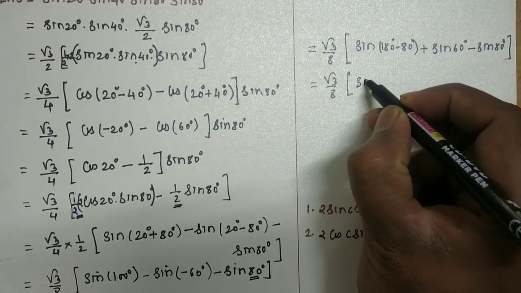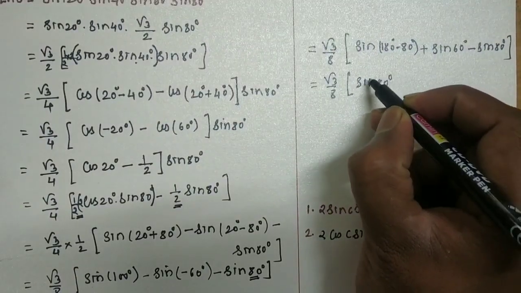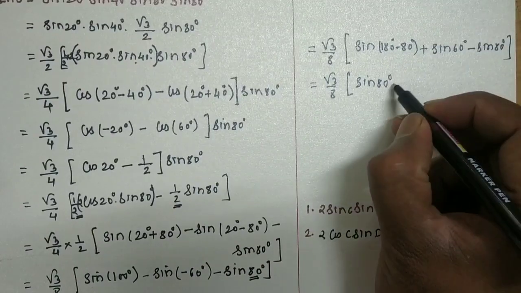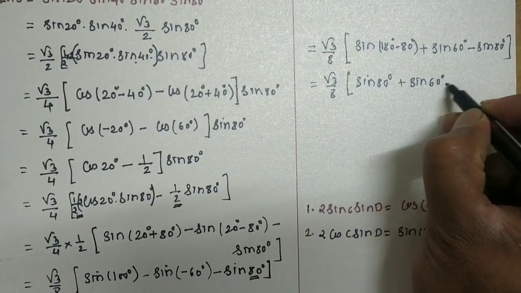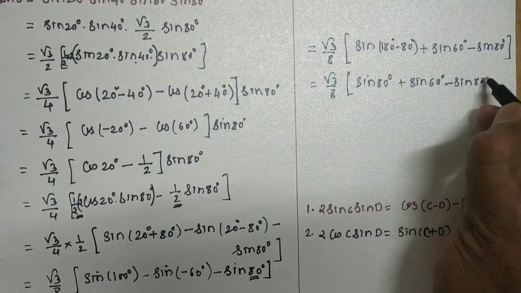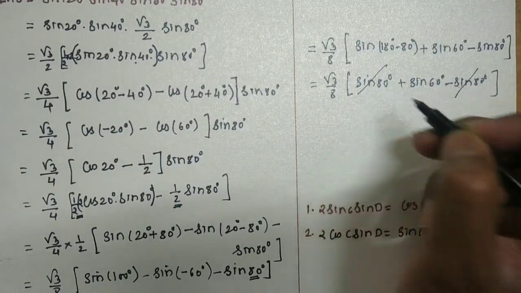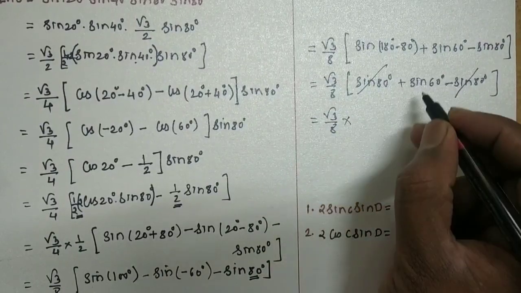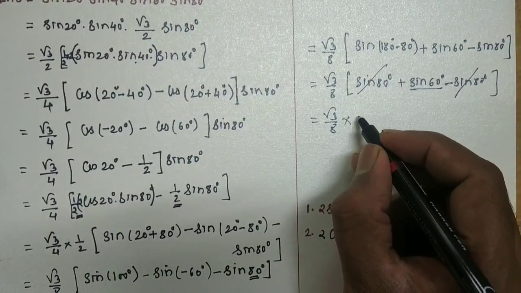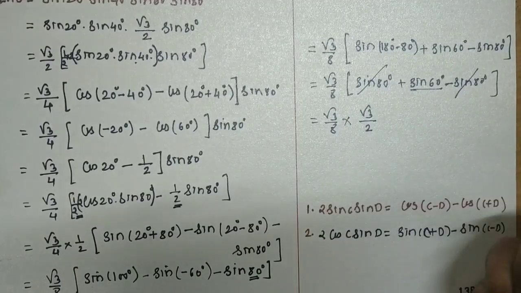So sin(180 minus theta) is sin theta. So sin 80 degree and sin 60 degree minus sin 80 degree. This sin 80 degree gets cancelled with this, and you will get root 3 by 8 into sin 60 degree. Sin 60 is nothing but root 3 by 2.